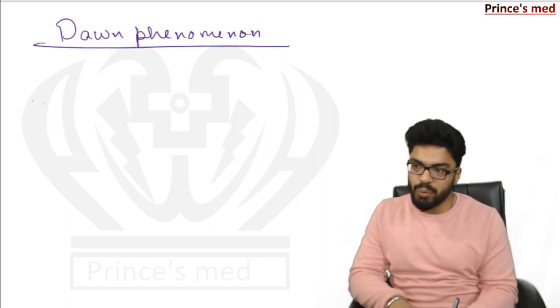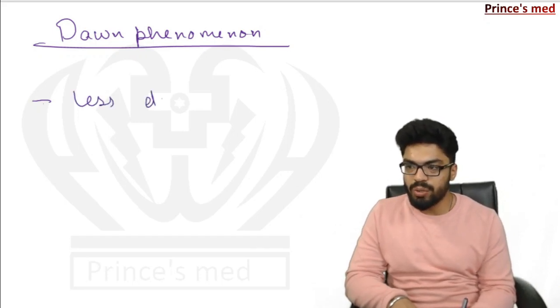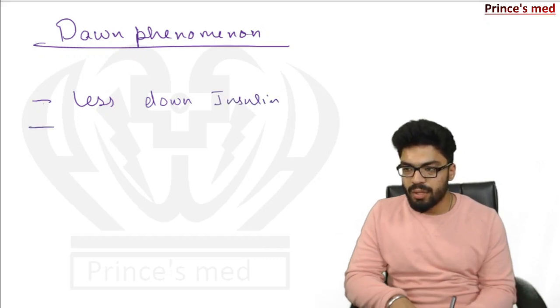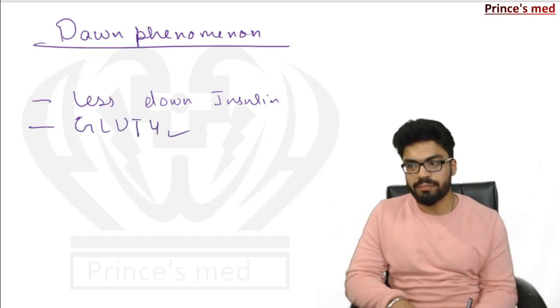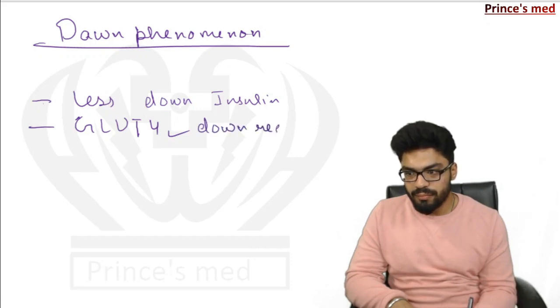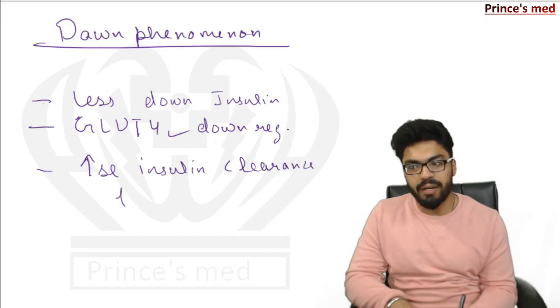It occurs due to less or down insulin production, or due to less or down regulation of GLUT4, or increased insulin clearance from blood.